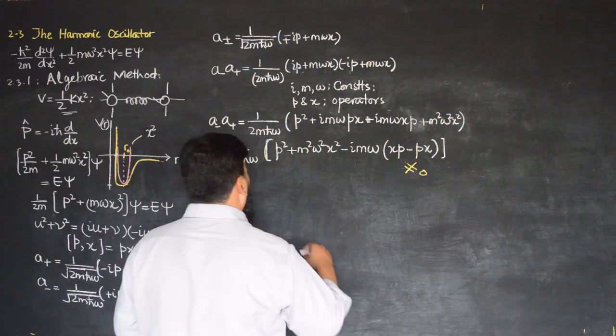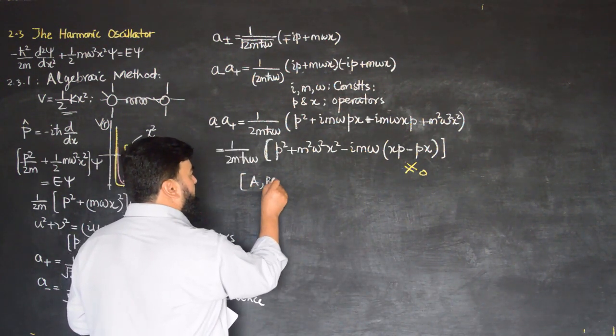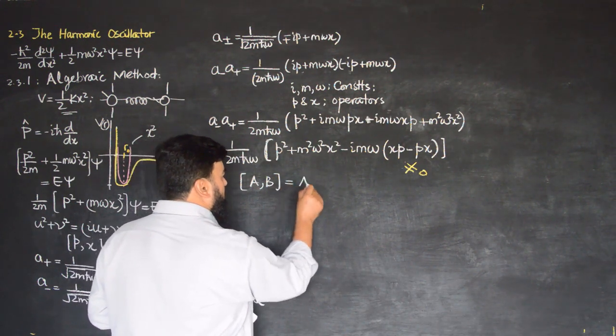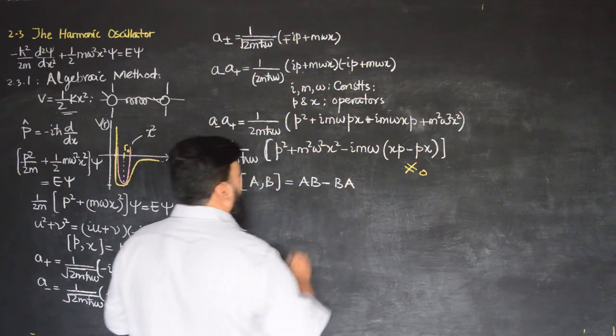This is actually a commutation relation. For any two operators A and B, the commutator is AB minus BA.